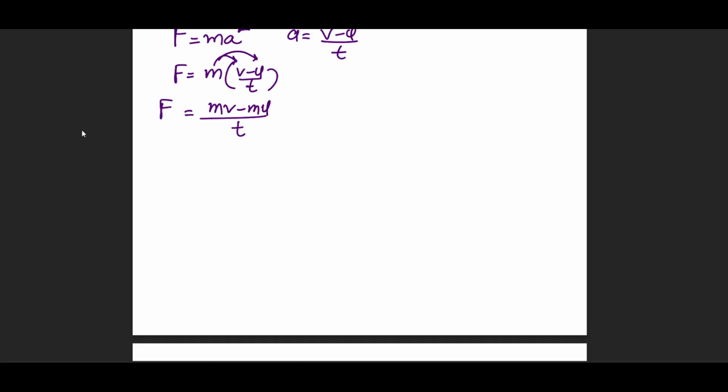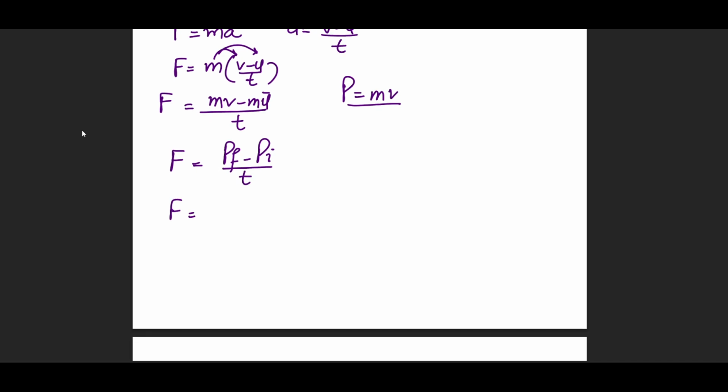So we know that V is final velocity and U is initial velocity. By that idea, I can simplify because I know that momentum is equal to mass into velocity. So I'm going to combine this as final momentum minus initial momentum divided by T. Now, to simplify this further, since this looks like a change in momentum, I will simply write down delta P divided by delta T. And from this point onwards, if this T is taken to the other side, it becomes F multiplied by delta T equals delta P.